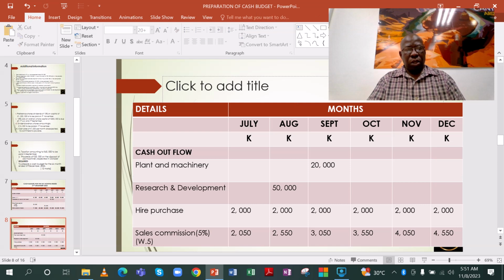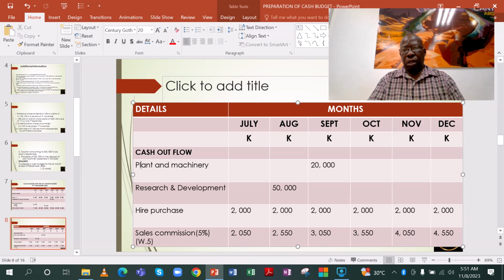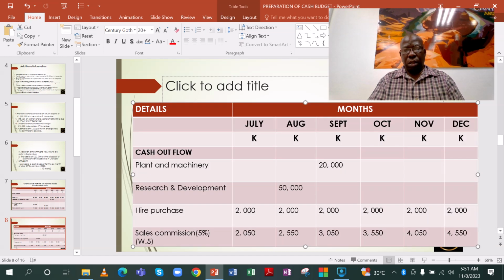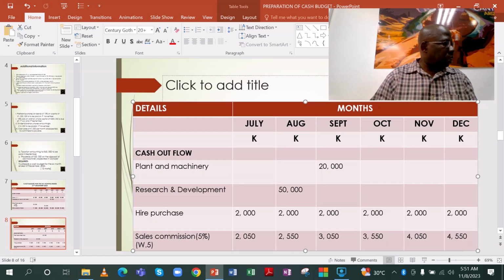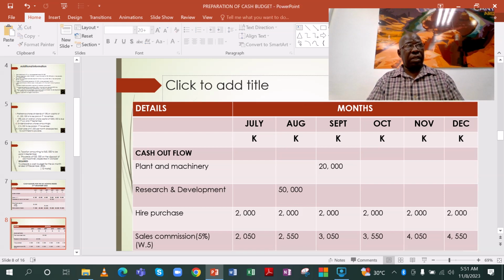Okay, looks much better. That's working number 5. So after working number 5, we take it back, we look at where we get it.